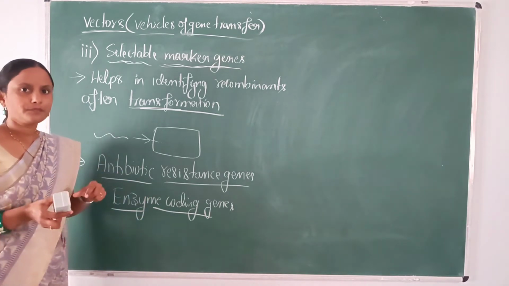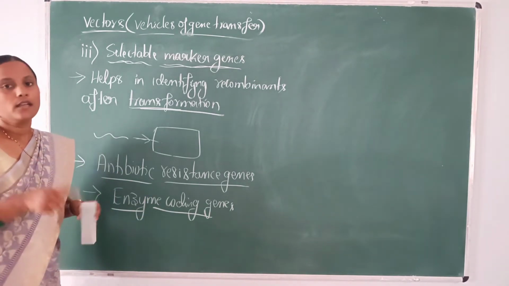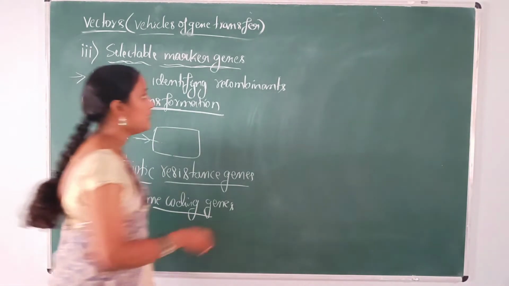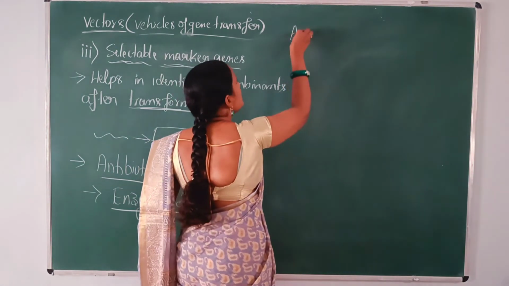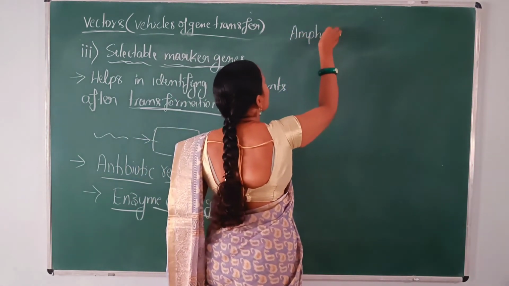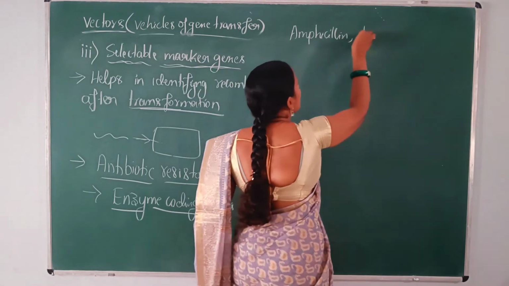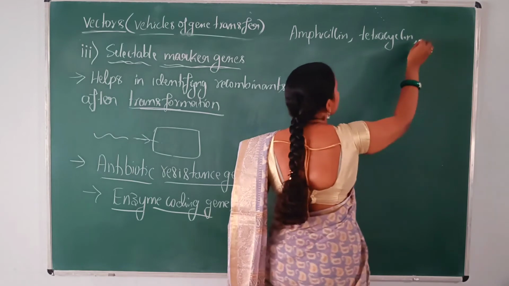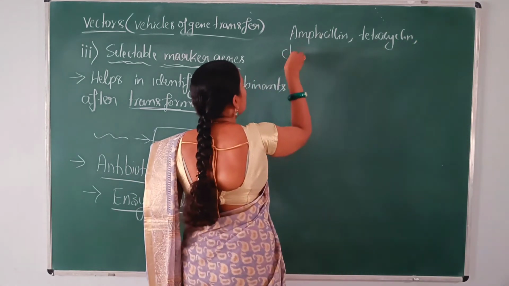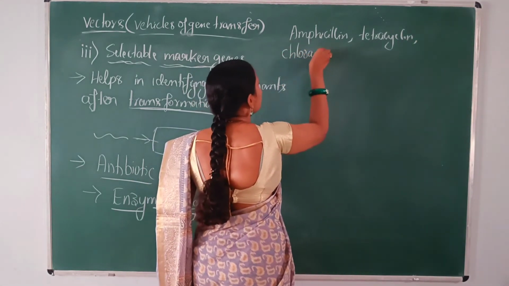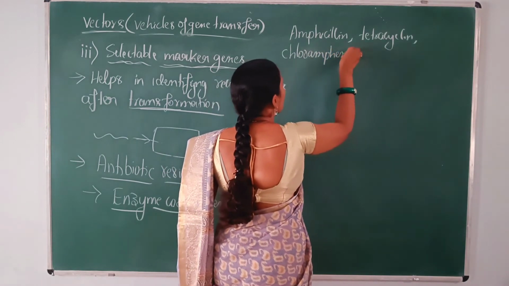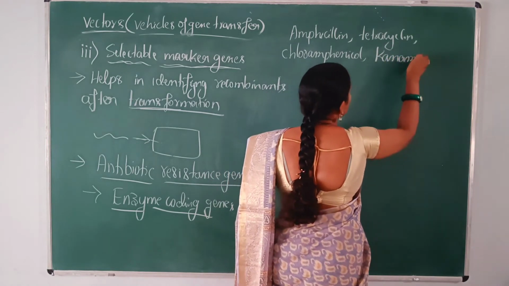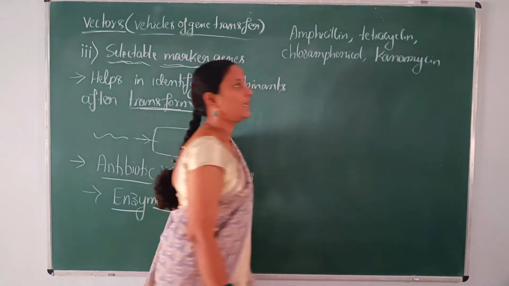So we shall take an example. Here the commonly used antibiotic resistance genes are ampicillin, tetracycline, chloramphenicol, kanamycin.